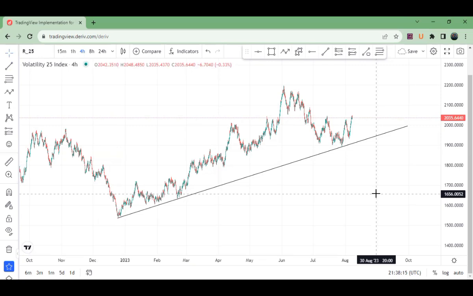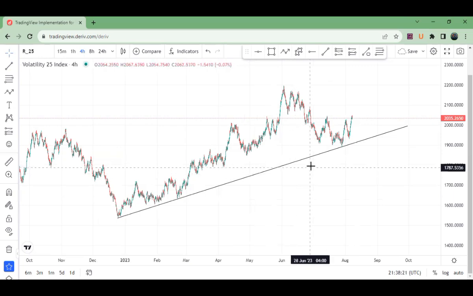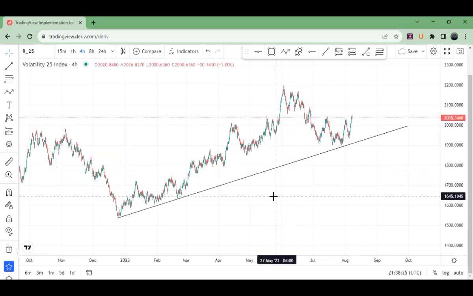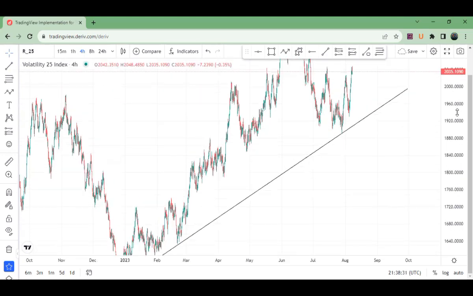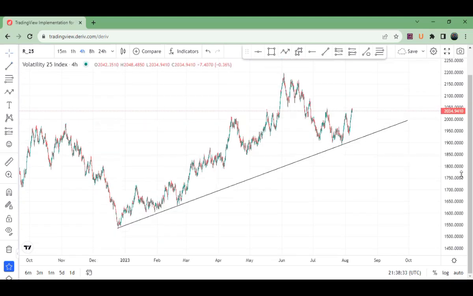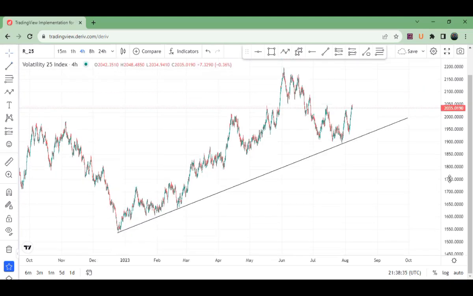Cool. What next? I want to check how strong the bullish market is. Using my eyes to look at it, you can also check from this slanting like this. It can also get you confused sometimes.